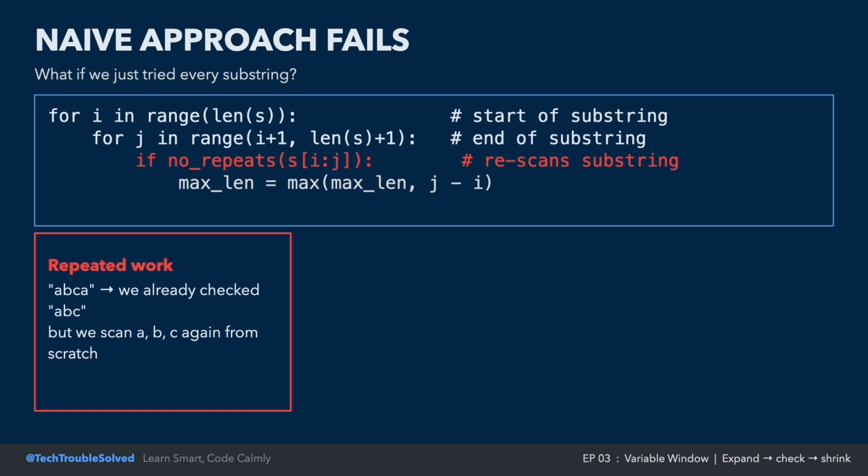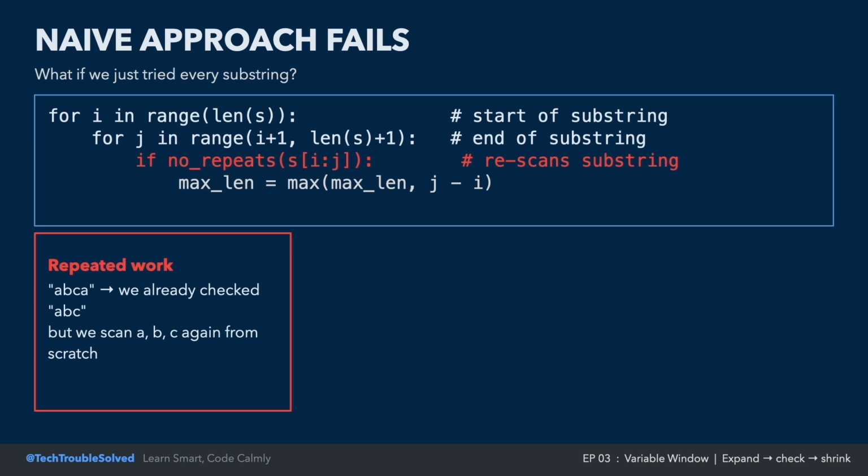You know they are unique, but you are scanning them again from scratch and again in the next iteration and the one after that. It's like reading a book, finishing chapter 3 and then going back to page 1 to reread chapters 1, 2, and 3 before you are allowed to read chapter 4 every single time.